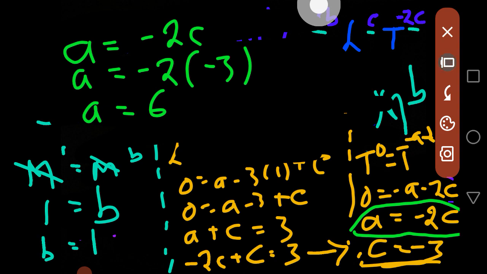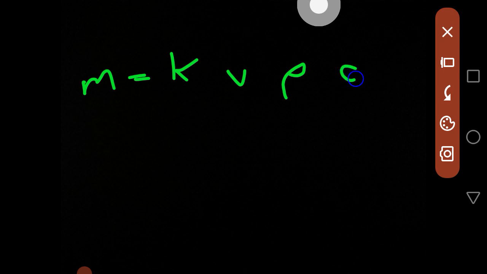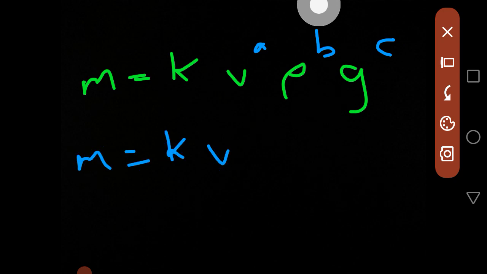So let me get rid of all of this. Remember this expression that said M is equal to K, and then I had V, and then I had this, and then I had this. Remember that they had powers A, B, and C. So at this point I'm going to say M is equal to K V. What was my A? My A was 6. What was my B? My B was 1. What was my C? My C was negative 3.